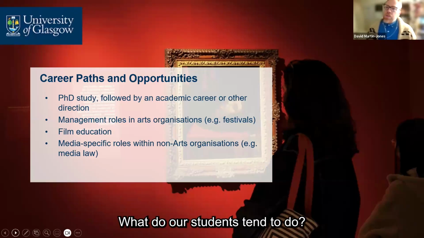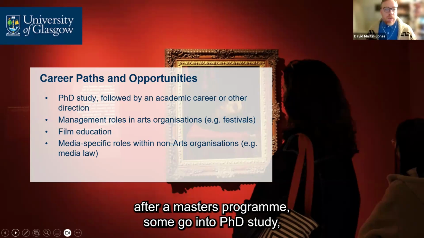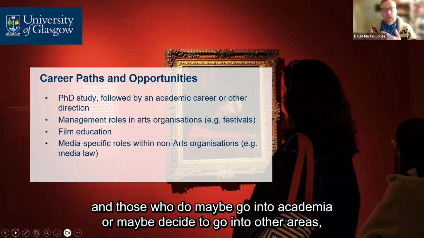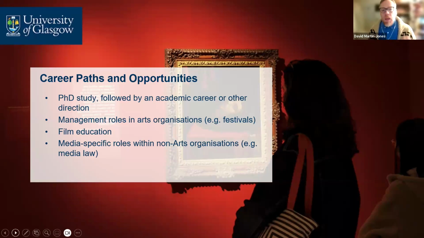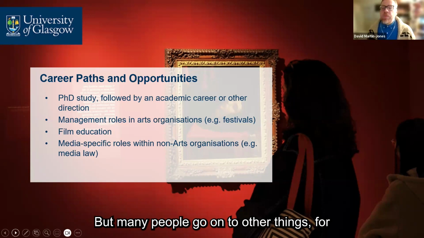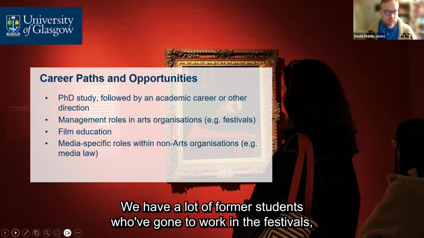What do our students tend to do? Well, they go off and do a variety of things after a master's program. Some go into PhD study, and those who do maybe go into academia or maybe decide to go into other areas, including the film and television industries. But many people go into other things. For example, management roles in arts organizations. We have a lot of former students who've gone to work in the festivals.